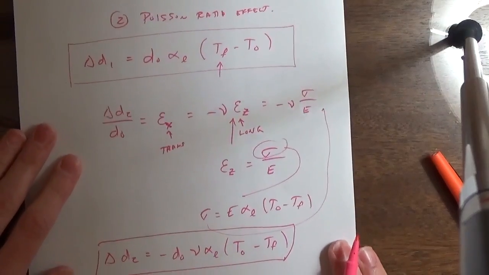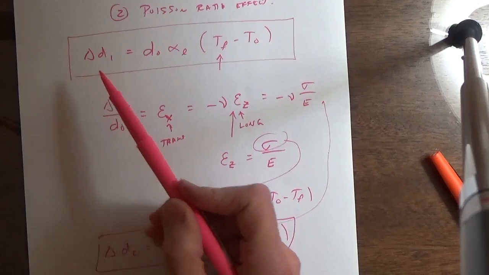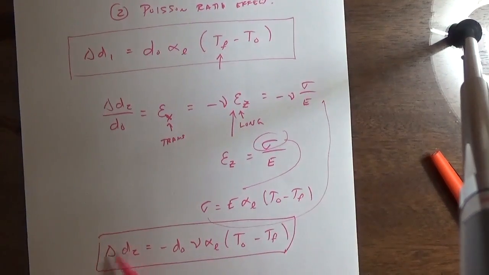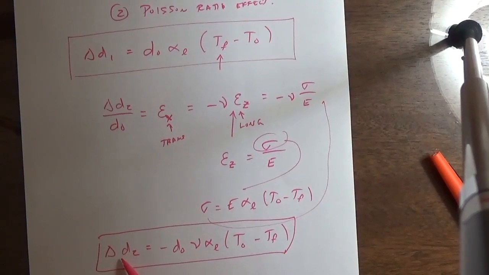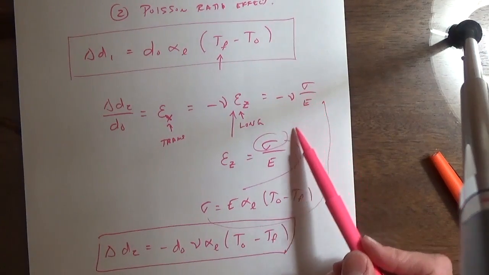So we now have an expression for the thermal expansion or contraction and the change in the cross-sectional area due to thermal stresses in the longitudinal direction.